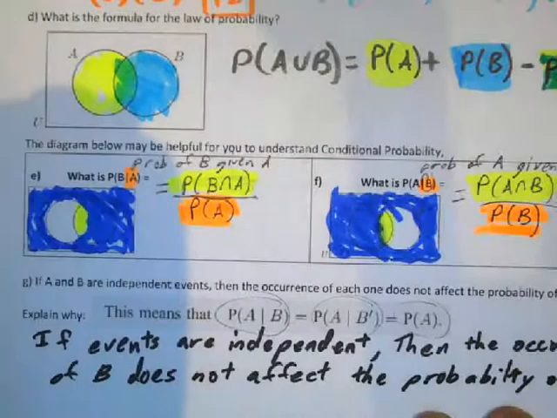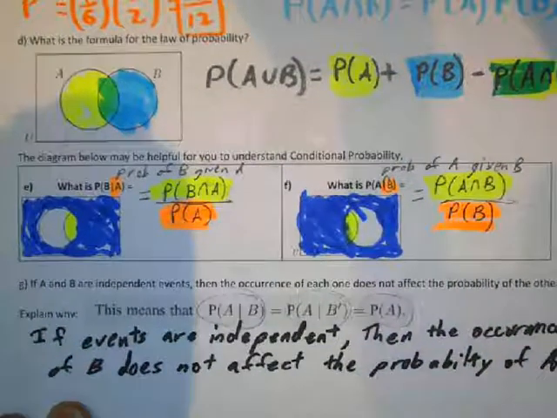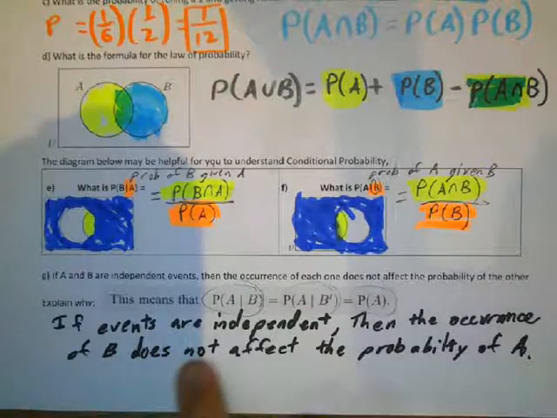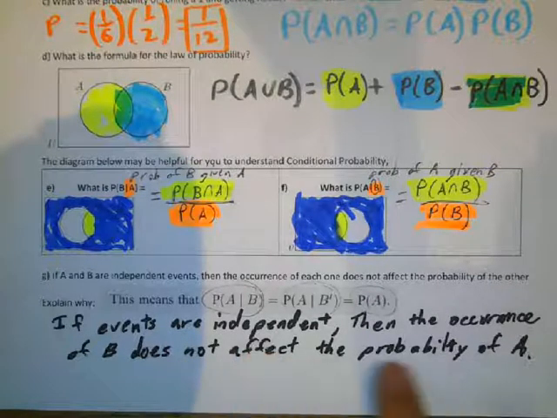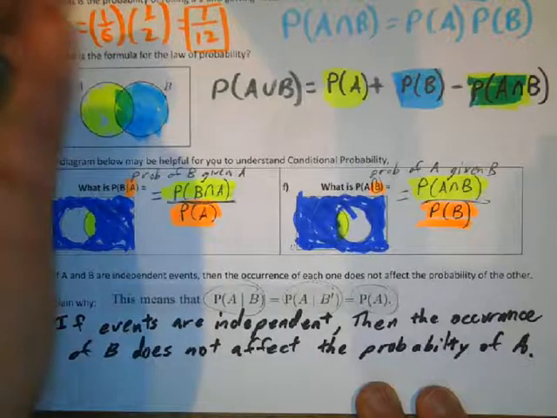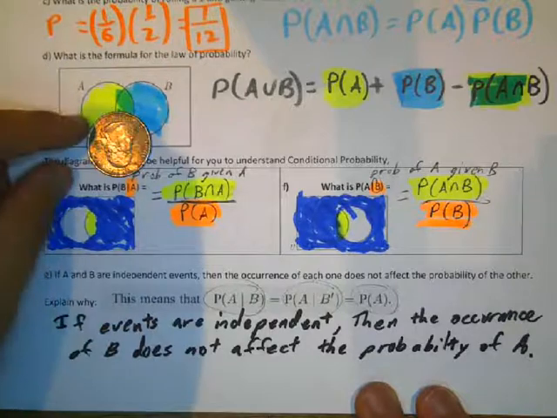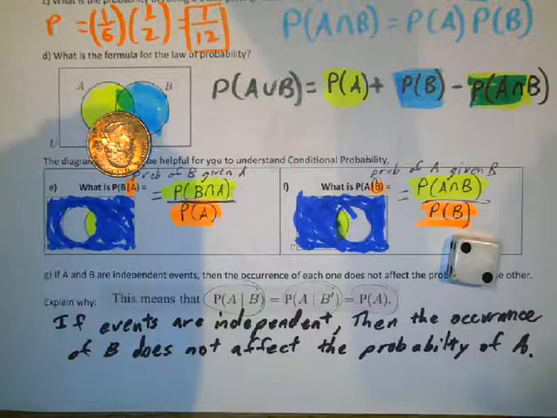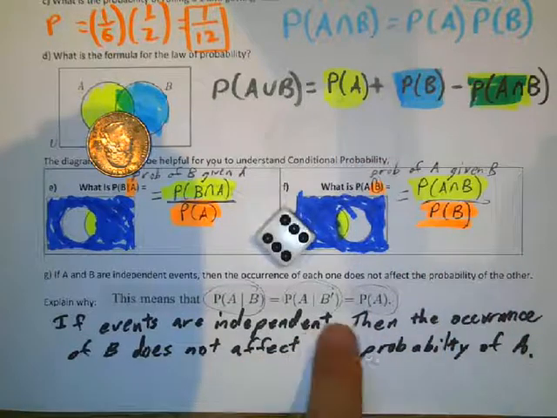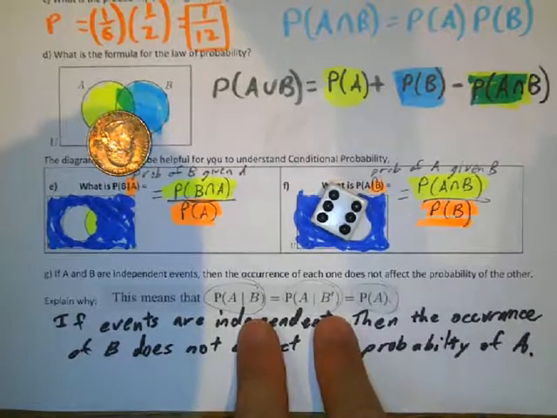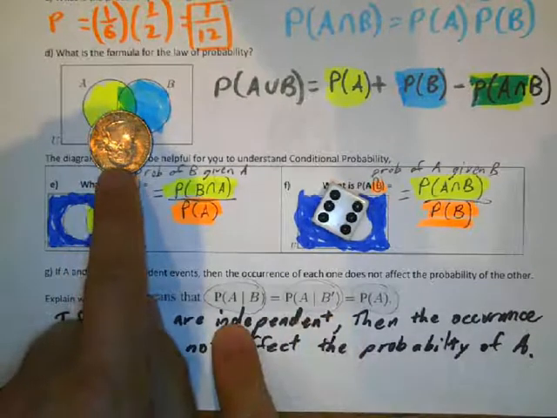Okay, so if the events are independent, then the occurrence of B is not going to affect the probability of A. So, for example, if I'm tossing a coin, given that I had a 2, or given that I didn't get a 2, whatever this dice is not going to affect the fact that I still got a heads.